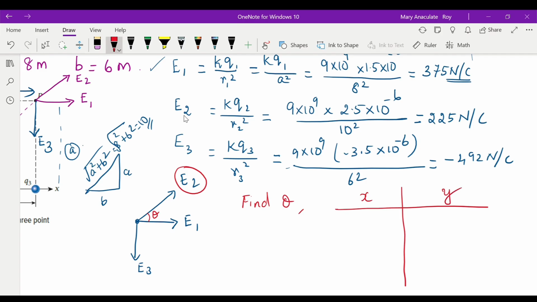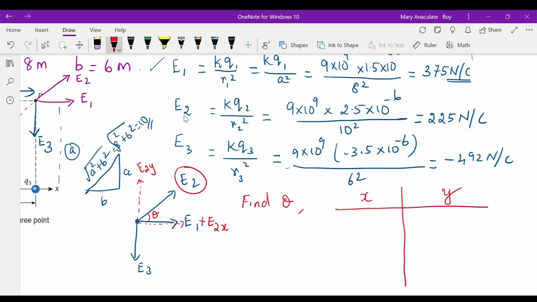Alright, so here E2 will have a component in the x direction, so we put that as plus E2x because it will be in the same direction. E2y will be up here, so E2y is going in the up positive direction. This is downward, E3, right?